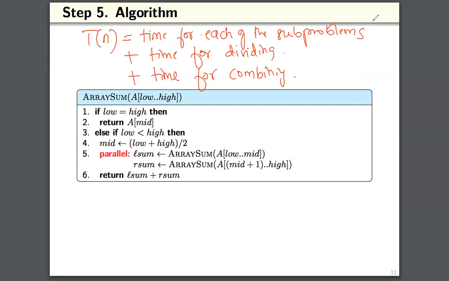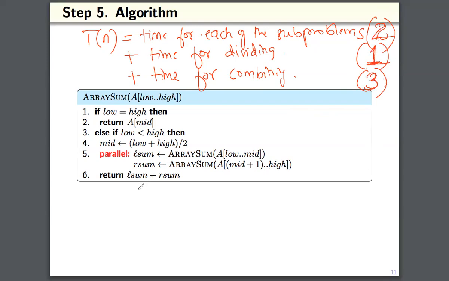Make sense? The subproblems were really step 2, the conquer step. Dividing is step 1. Combining is step 3 of divide and conquer.